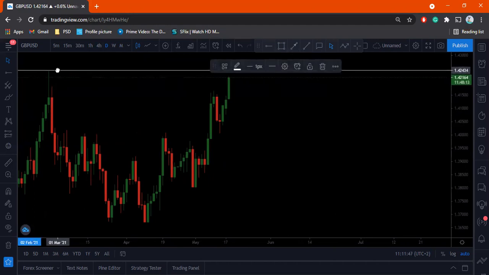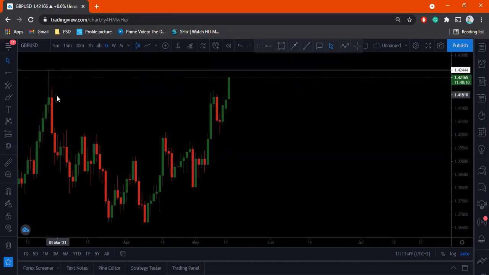The week view is at 42, let's say 42, 44, around that area. If they do manage to reject that area, price needs to retest this area on the daily time frame.